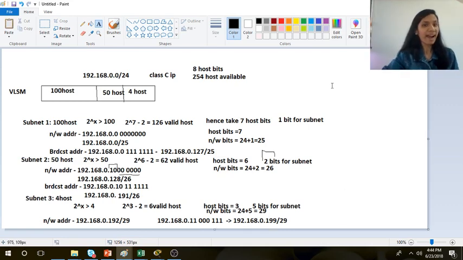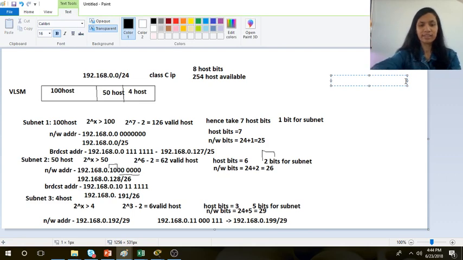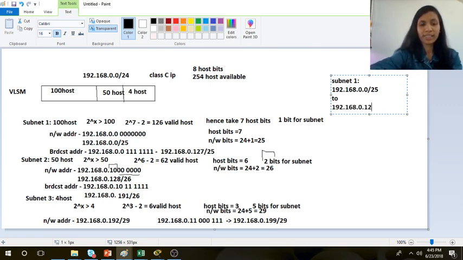The subnet 1 address is 192.168.0.0/25, and this ranges to the broadcast address 192.168.0.127/25.